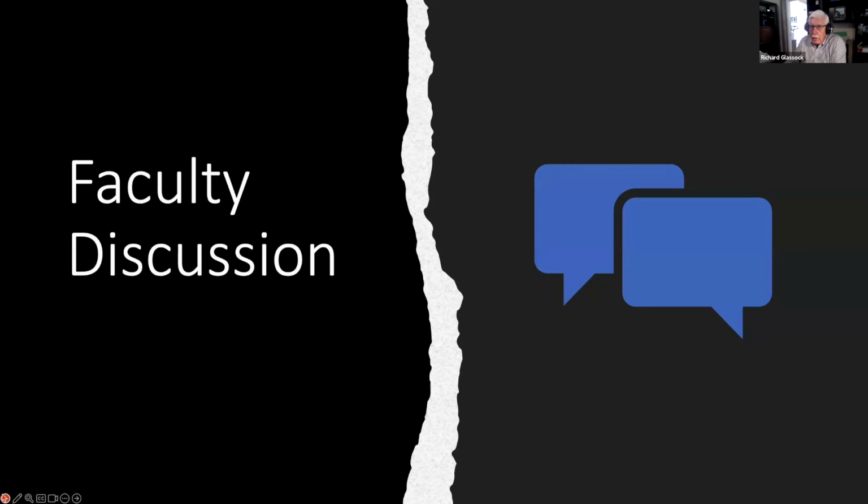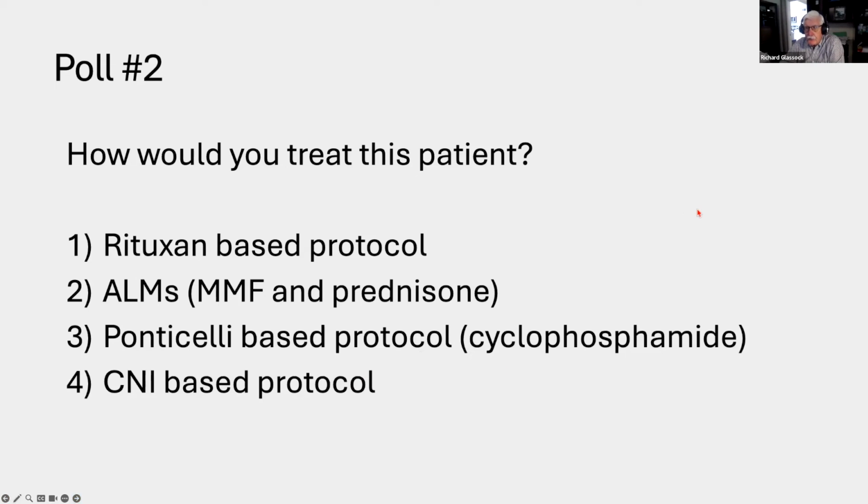Well, in terms of evidence, the MMF and prednisone is probably the best choice, because we don't have any clear studies indicating that rituximab is efficacious in this situation.